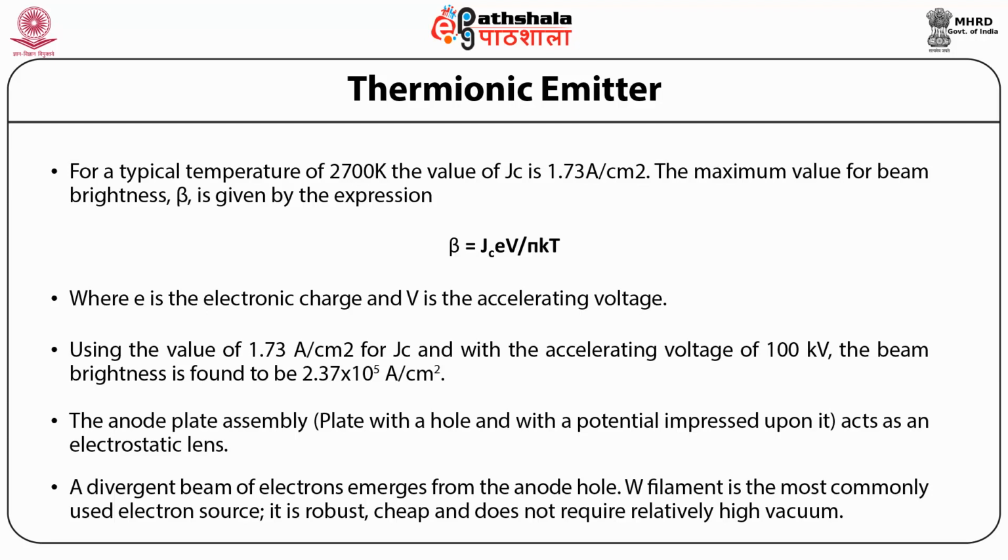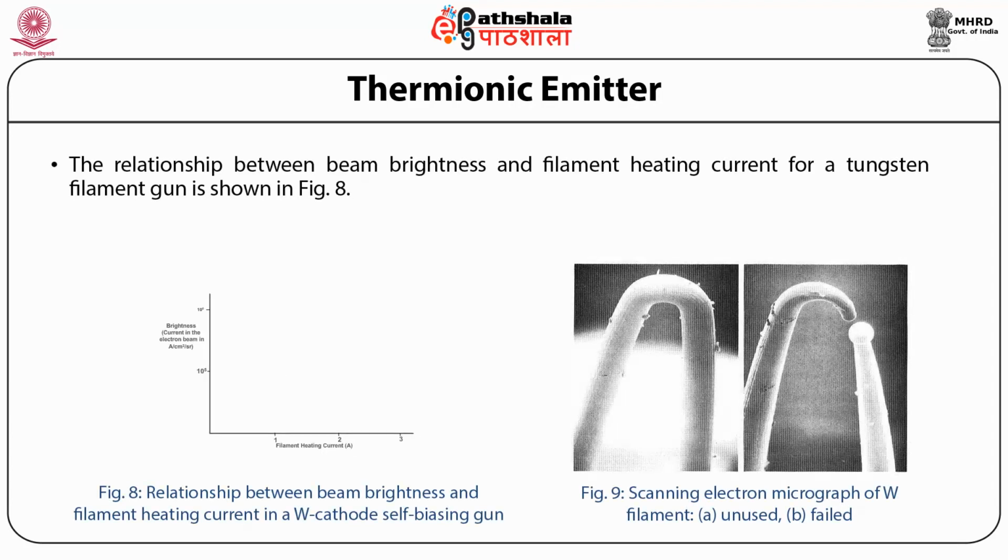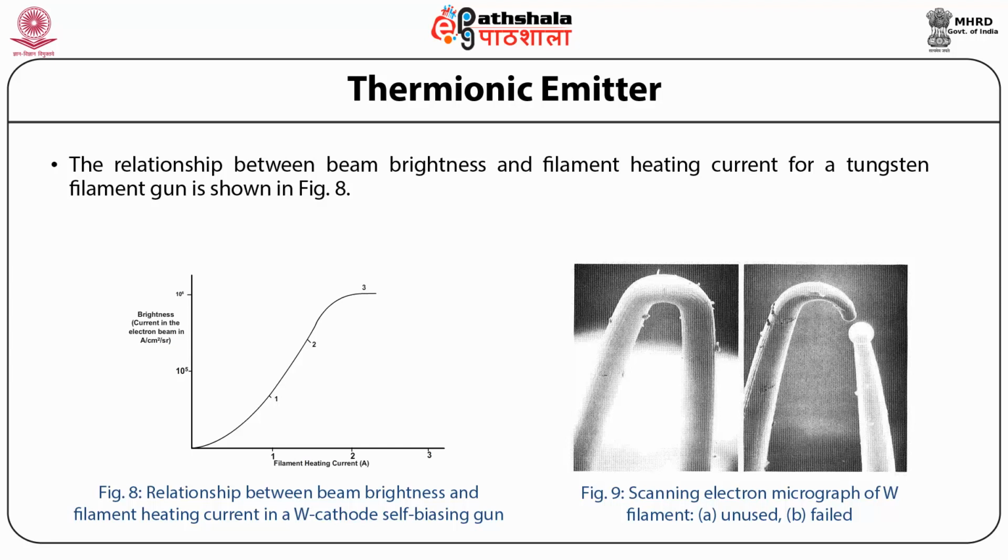Tungsten filament is the most commonly used electron source. It is robust, cheap, and does not require relatively high vacuum. The relationship between beam brightness and filament heating current for a tungsten filament gun is shown in figure 8.